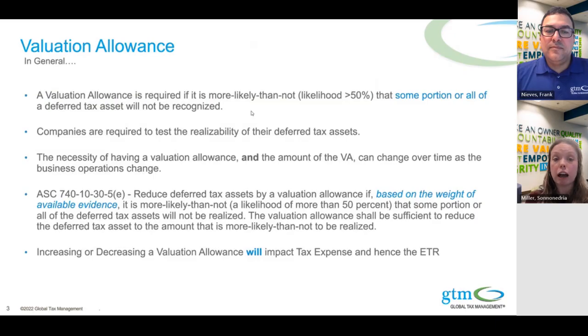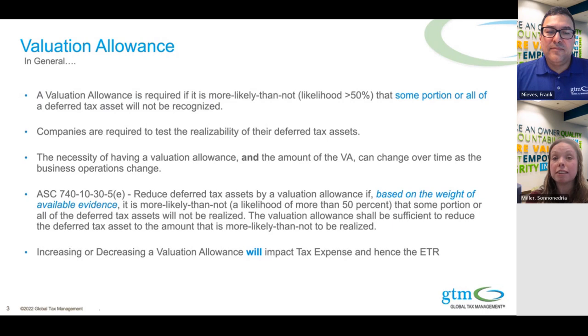A valuation allowance is required if it's more likely than not, a greater than 50% threshold, that some or all of a deferred tax asset will not be realized, meaning that the company is not going to realize a benefit on some or all of that deferred tax asset. Companies are required to test the realizability of their deferred tax assets.